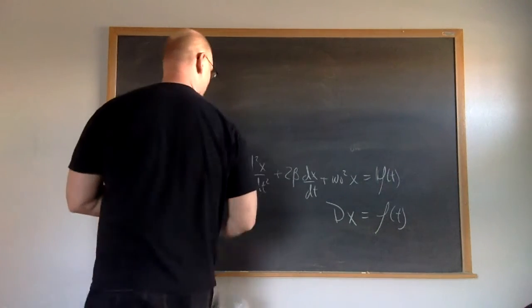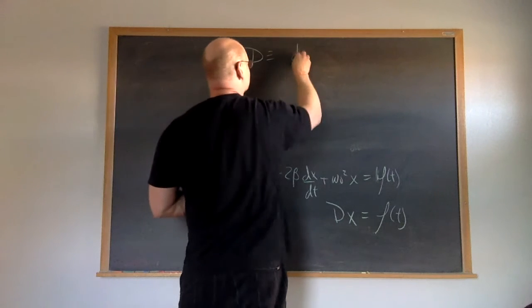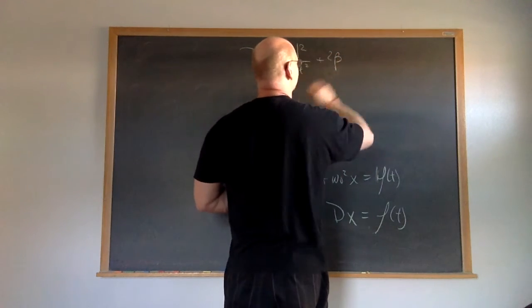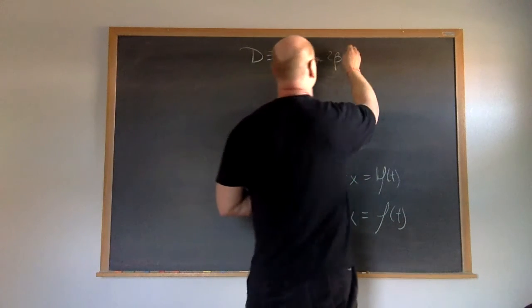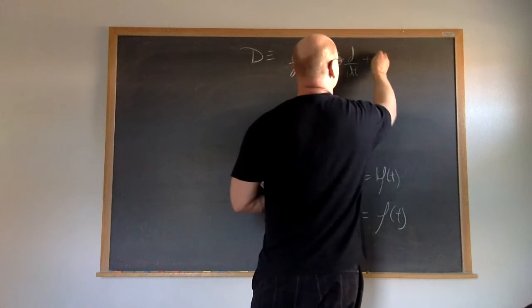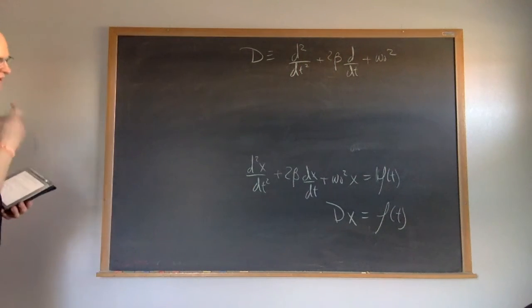Here, we're defining this differential operator as the second time derivative plus twice the damping coefficient, or the damping parameter, times the first derivative plus omega 0 squared, which again is that natural frequency. So this is what we call a differential operator.